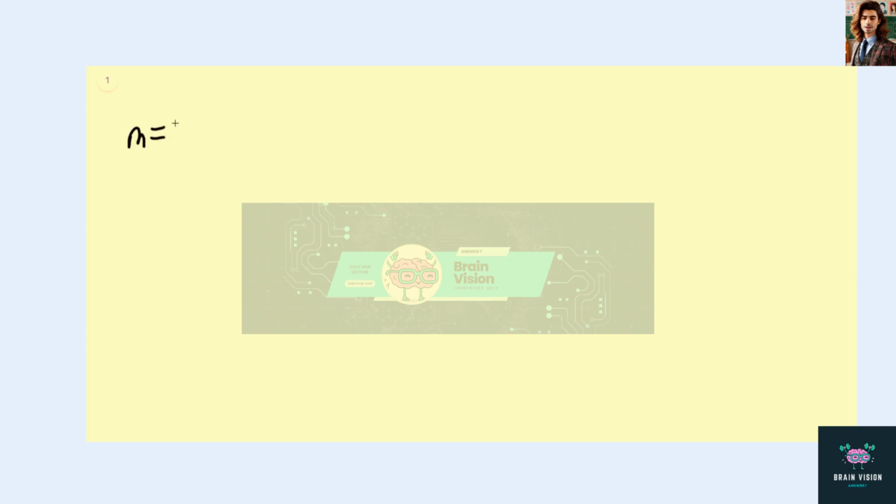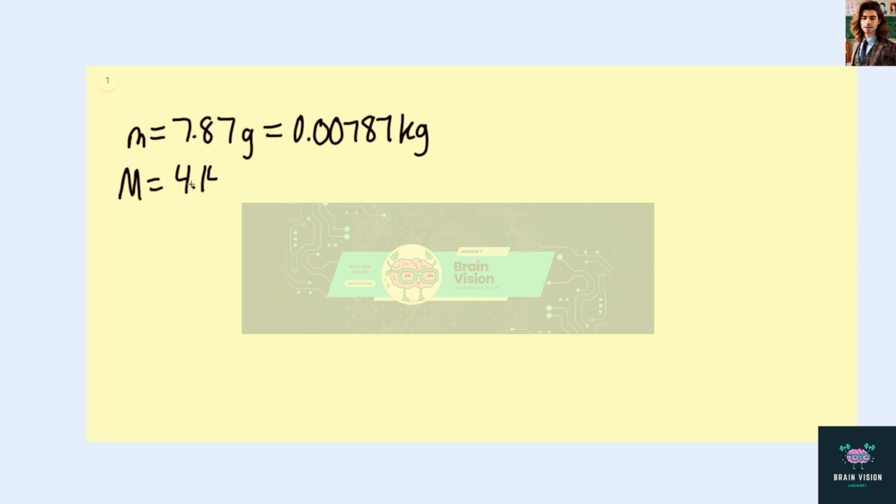We have a mass of the bullet, so 7.87 grams, which is going to equal 0.00787 kilograms. And then we can say capital M is the mass of the block, so this will be 4.148 kilograms.